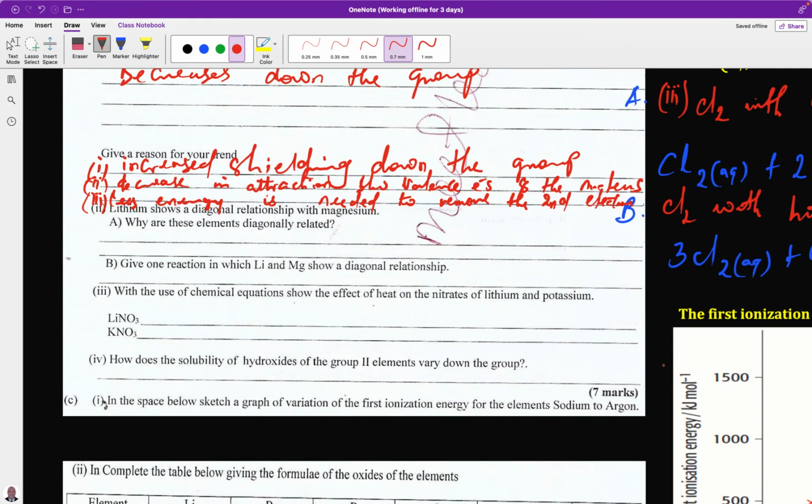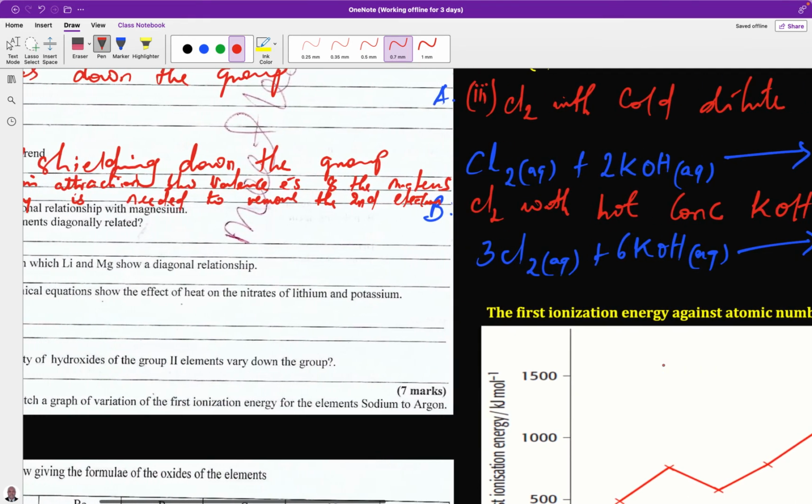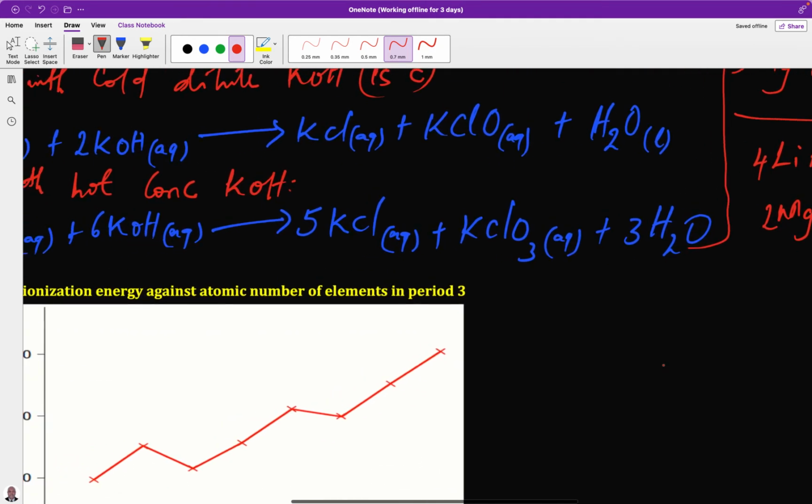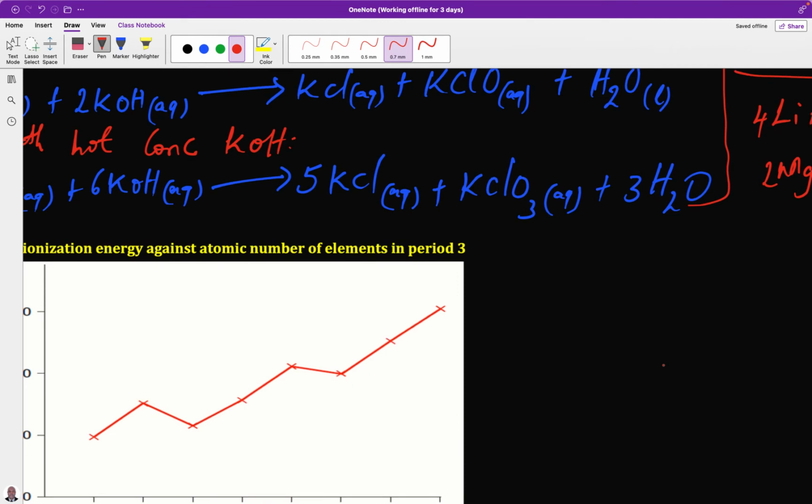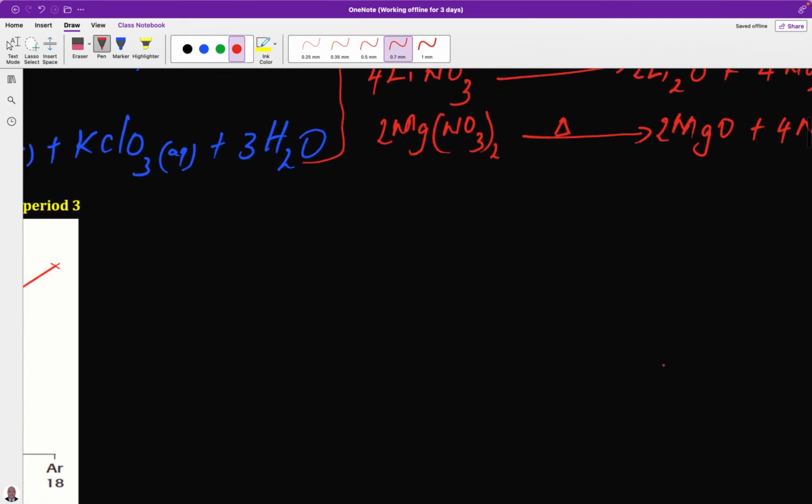Okay. With the use of chemical equation, show the effect of heat on the nitrate of lithium and potassium.